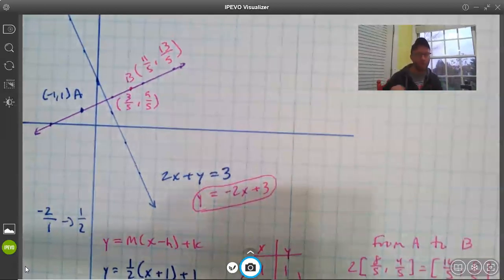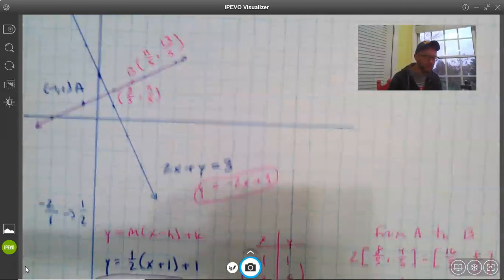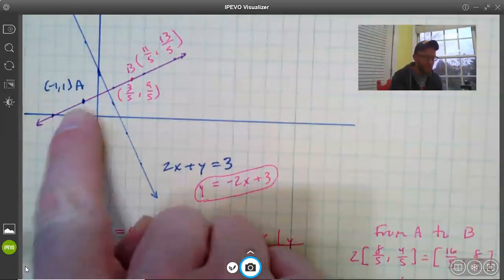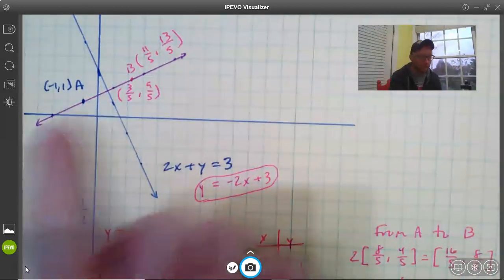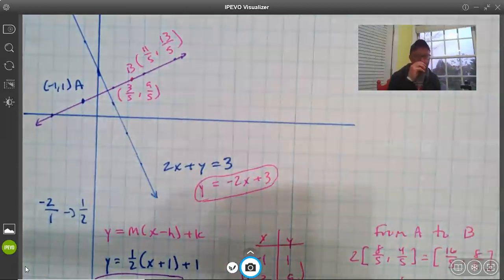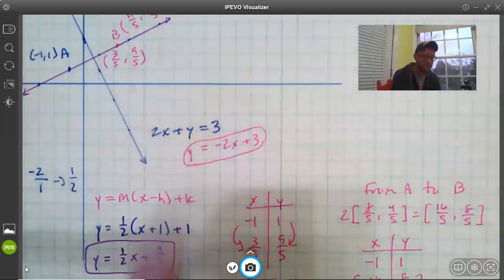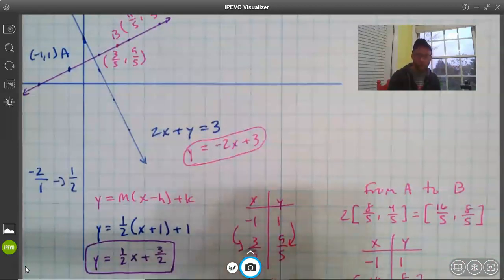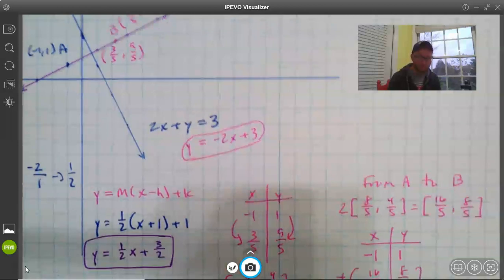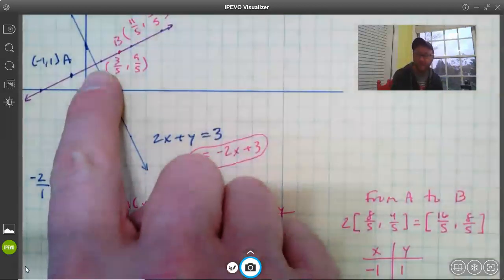Just to go back over how we found that, we had to first write the equation of a line that passes through point A and is perpendicular to the original line. So the slope of that line would be the negative reciprocal of the original line. We wrote it in point-slope form. Then we had to find the point of intersection, right?